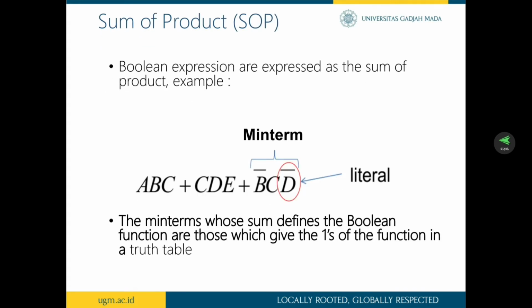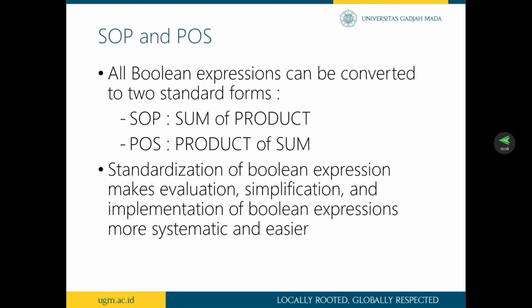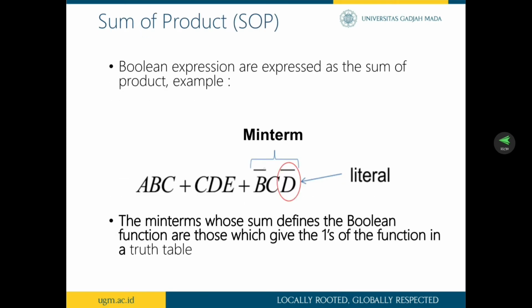So again, we resume the min term form or the product form for the SOP or sum of product, and every digit in the min term we call a literal.